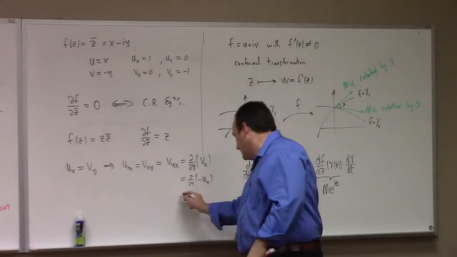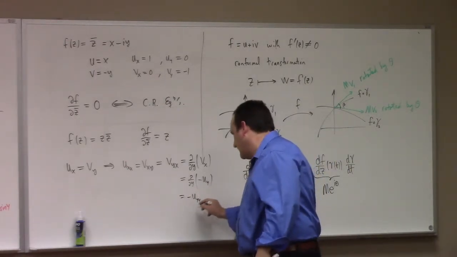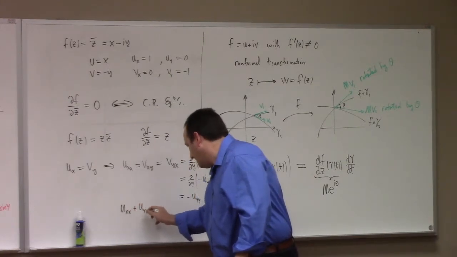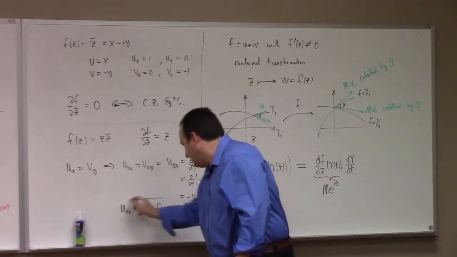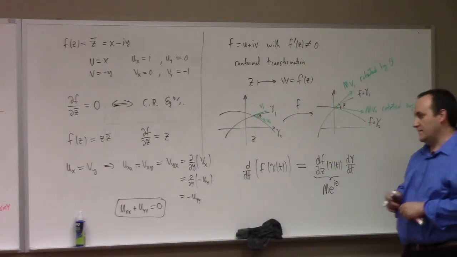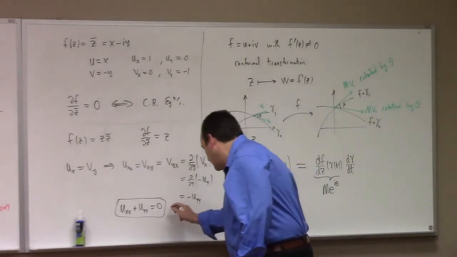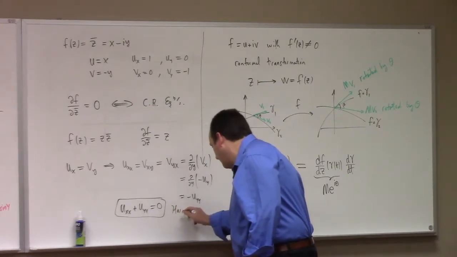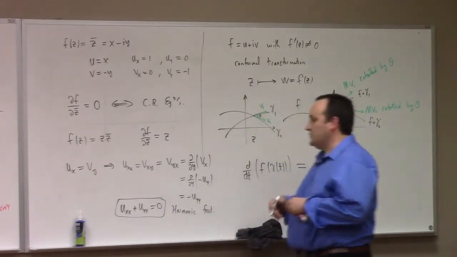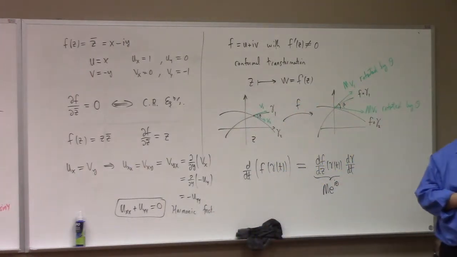And that is minus u_yy. So what did we get? We get that u_xx plus u_yy equals 0. And you can do the same for v. This makes u what's called a harmonic function. So the component functions of a complex differentiable function are harmonic.